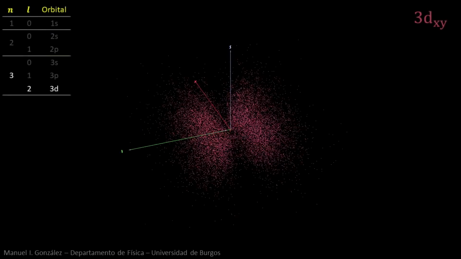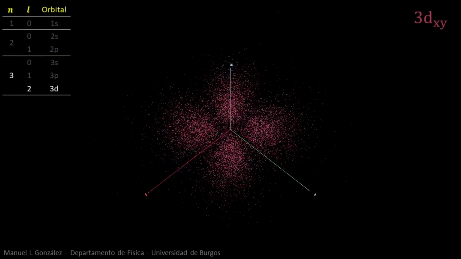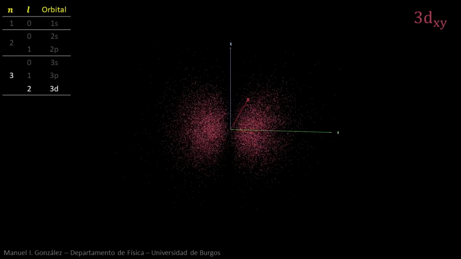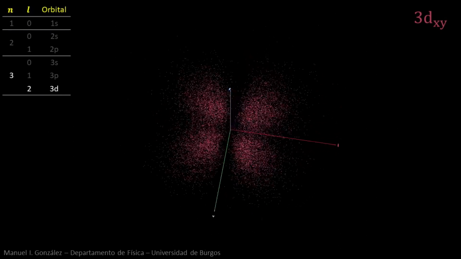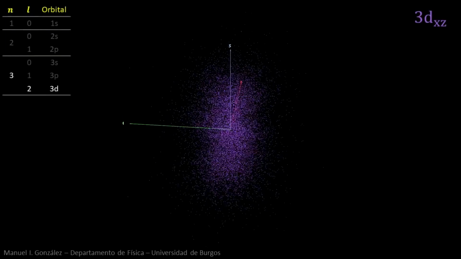There are several ways to choose the 5 3D orbitals. This is the most popular one. 3 of them have 4 lobes bisecting the coordinate axes.